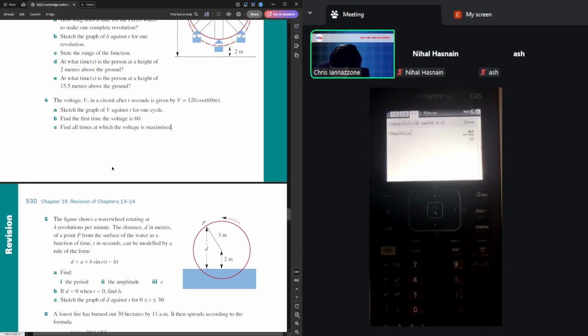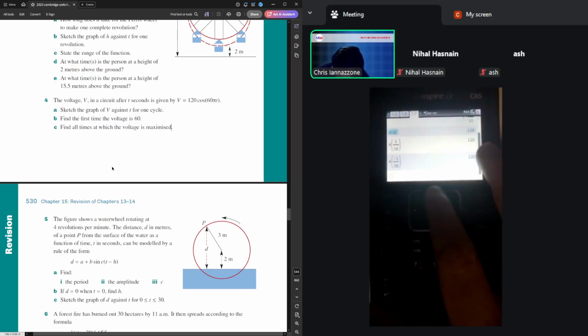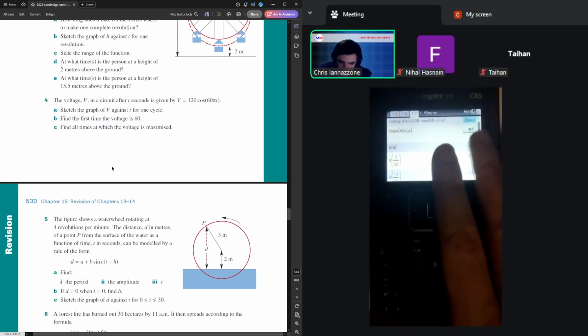So if I did h of 0, I should get a max, which I do. If I do h of 1 over 30, I should get a max, which I do. Negative 1 over 30 should get a max, and that pattern will continue for any integer n. So that would be the general solution that you give.